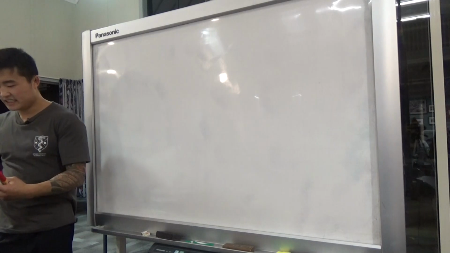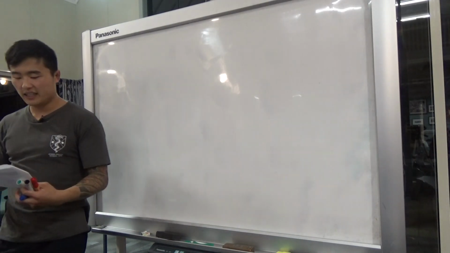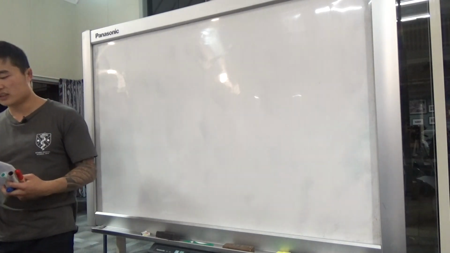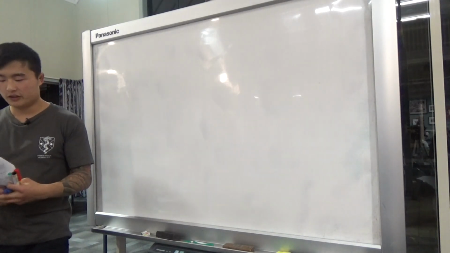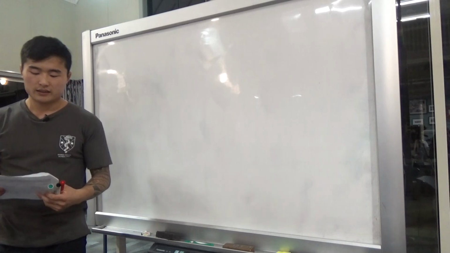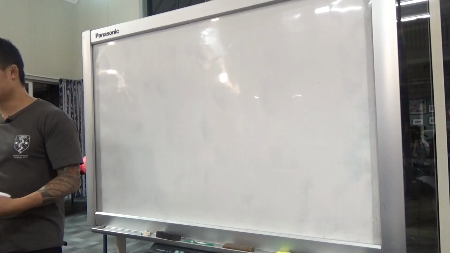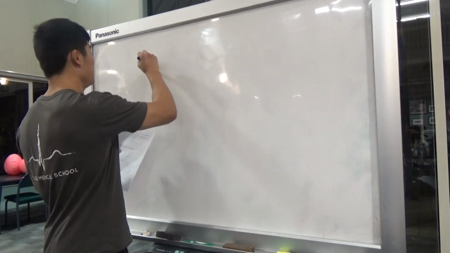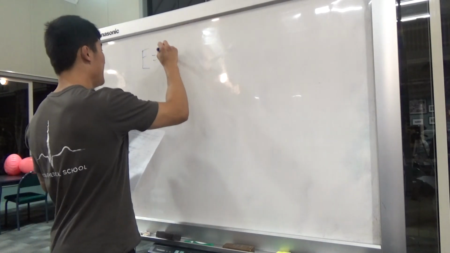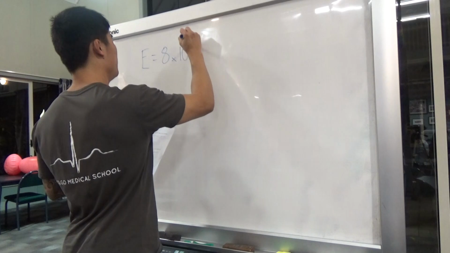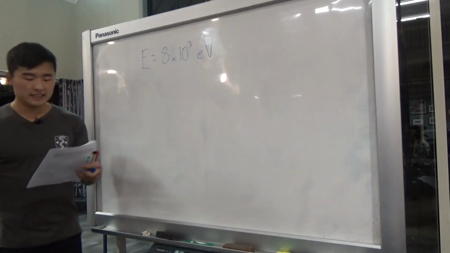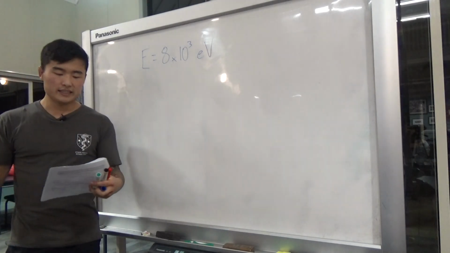Number 7, the energy of copper K alpha X-ray photons is 8.0 kilo electron volts. So remember, electron volts was our unit of energy. So that's 8,000 electron volts. So energy is equal to 8 times 10 to the power of 3 electron volts. We want to find out the momentum.